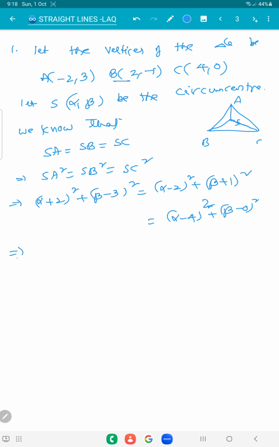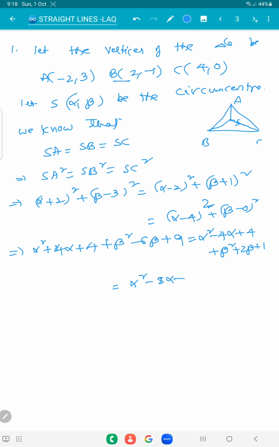Now expand this using (a plus b) whole square and (a minus b) whole square formulas. What will you have? Alpha square plus 4 alpha plus 4 plus beta square minus 6 beta plus 9 is equal to alpha square minus 4 alpha plus 4 plus beta square plus 2 beta plus 1, which is equal to the third one, alpha square minus 8 alpha plus 16 plus beta square.